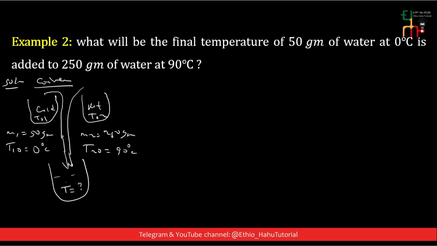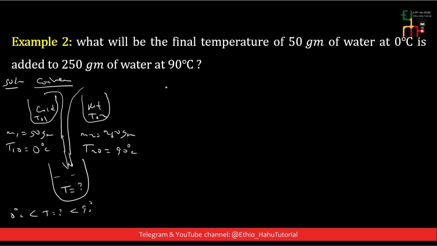Therefore, when we add these two systems, the water at 90 degrees Celsius loses thermal energy, whereas the water at 0 degrees Celsius gains thermal energy. Therefore, the equilibrium temperature T is greater than 0 degrees Celsius and less than 90 degrees Celsius. This T is unknown, and that is what we are going to find.